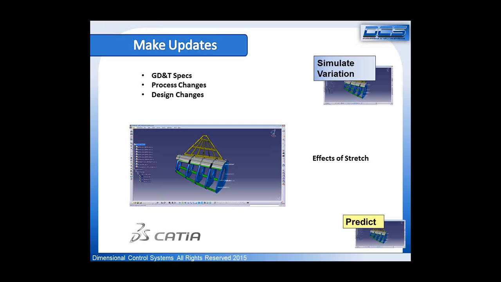GD&T specs can now be updated or modified in order to account for these effects of deformation, and there are even cases where part designs can be changed to account for these effects of deformation in the design of the product itself, effects that are induced by the manufacturing processes and the effect that they have on the design.